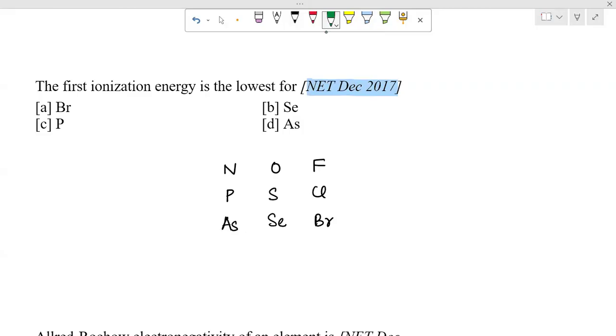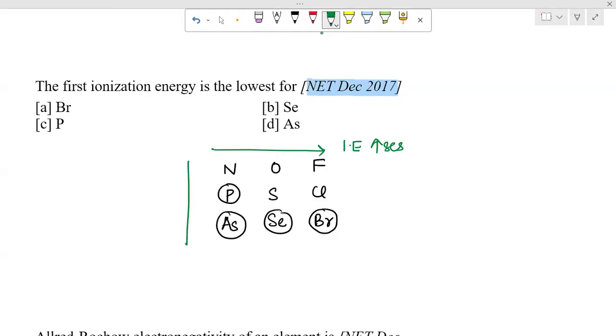Okay, so what are the elements of interest? We have phosphorus, bromine, selenium, and arsenic. The question is to find the species with the lowest ionization energy. Easy. As you move from left to right, ionization energy increases. And as we move from top to bottom, ionization energy decreases.